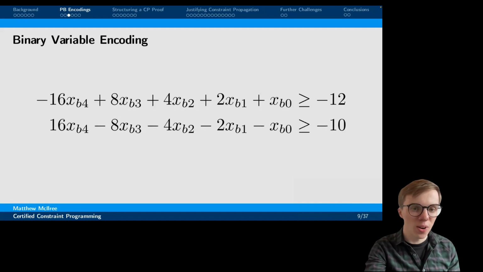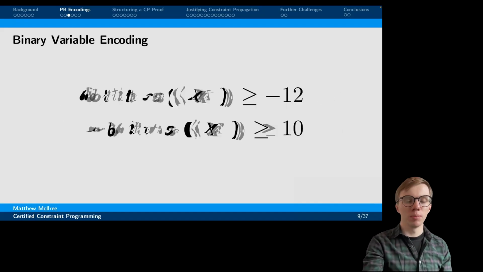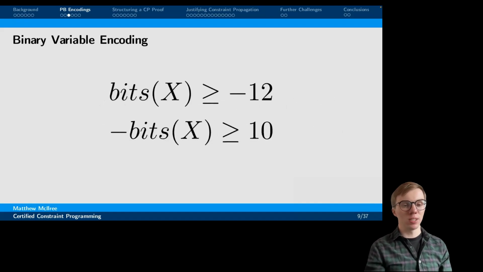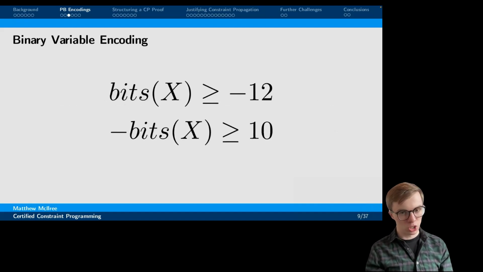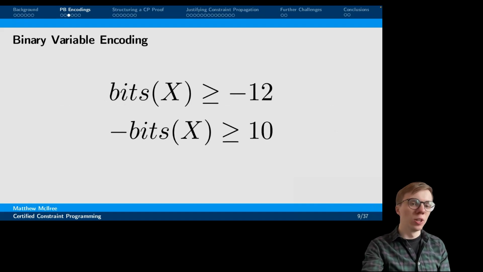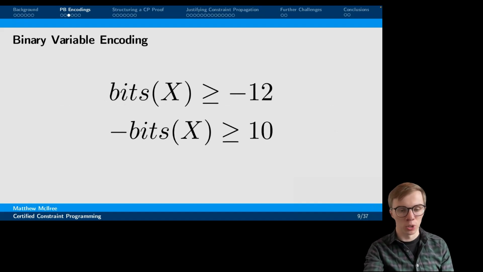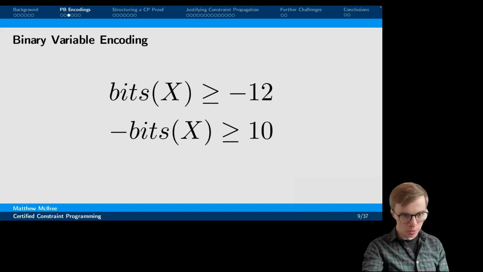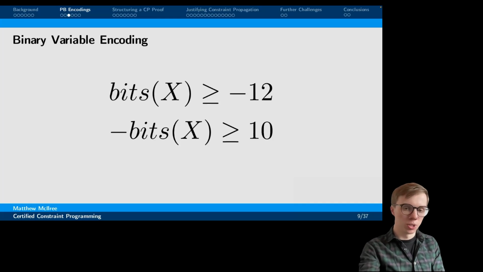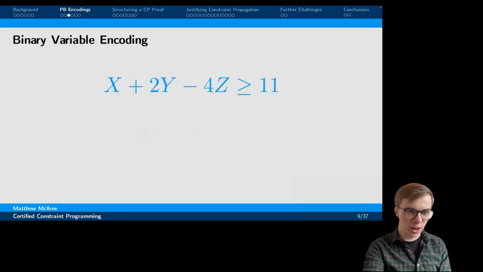Now I might be lazy and not actually write out all these bits every time. So if you see me writing just bits brackets X, just remember this is a substitute for that exponential sum over bit variables. And what's very cool about this is it means we can effectively just squint at our PB model and pretend that we have finite domain variables, even though we only have these 0, 1 variables. So this allows us to encode linear constraints completely directly.